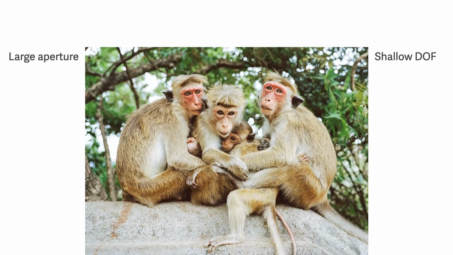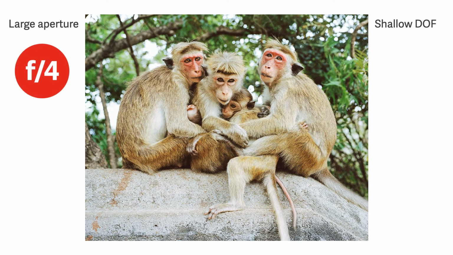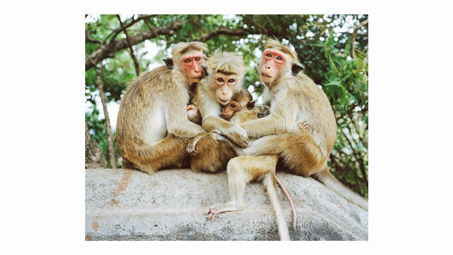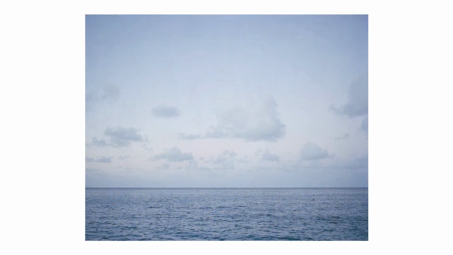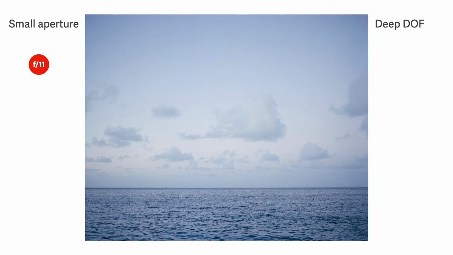A wide aperture like f4 will give us a shallow depth of field. Shallow depth of field is often used in portraiture to isolate the subject from the background. A small aperture like f11 will give us a deep depth of field. Deep depth of field is often used in landscape or architectural photography to keep the entire scene in focus.